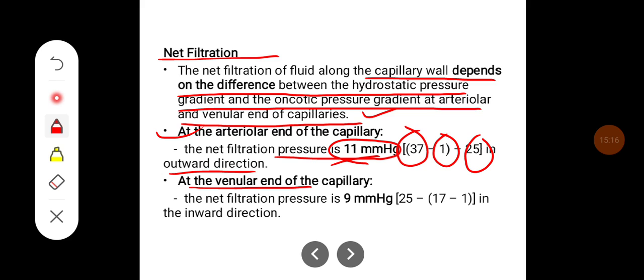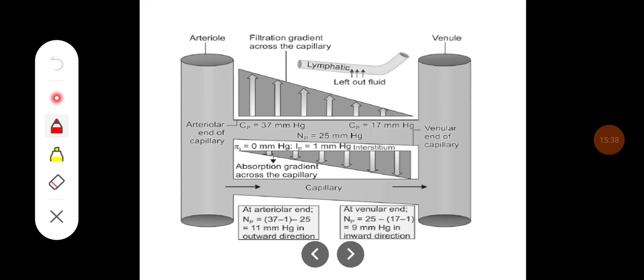At the venular end, the net filtration is around 9 mmHg, and it is in the inward direction. The flow occurs towards the ECF, and the majority of the force which draws the fluid into the capillaries is the osmotic pressure in the capillaries. So this is showing the net filtration pressure at the arterial end and at the venular end.